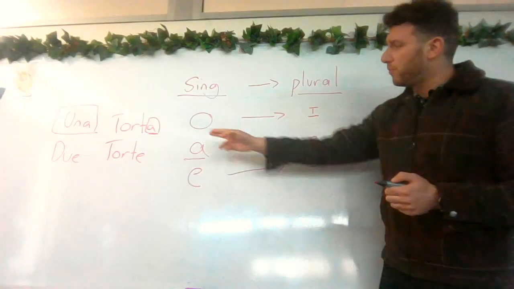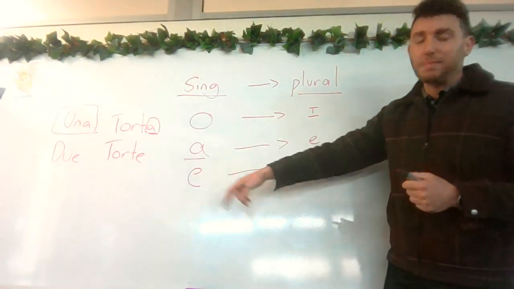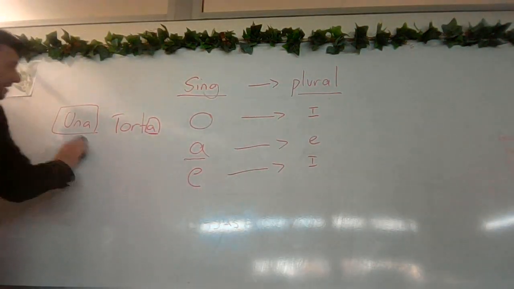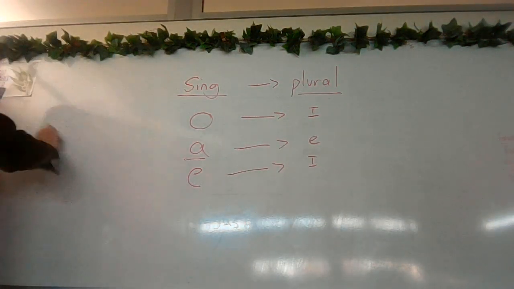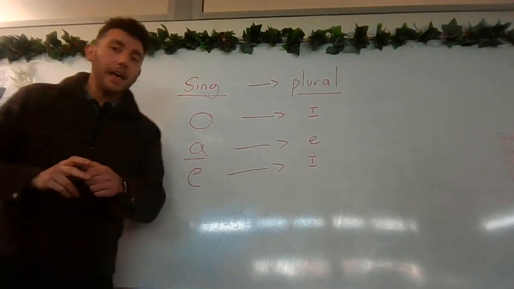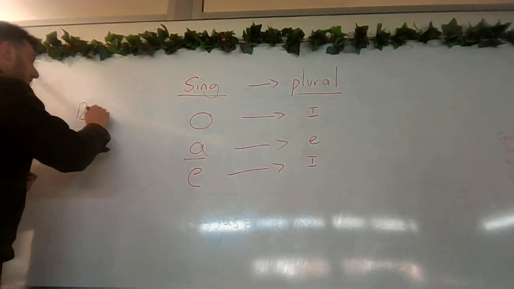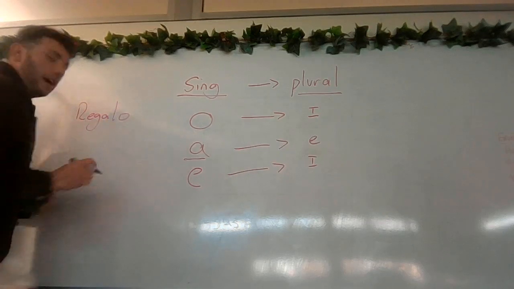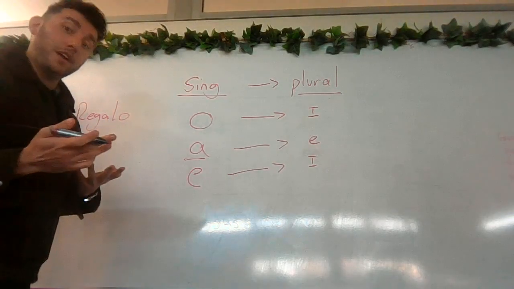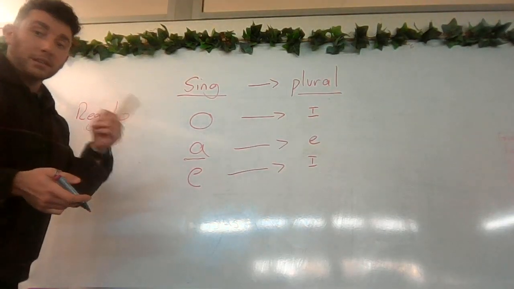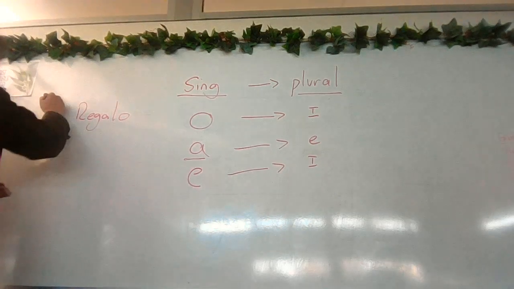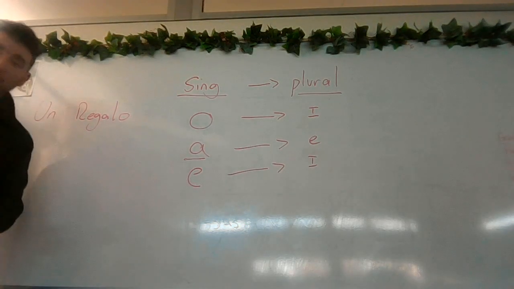We'll do an example for O and we'll do an example for E before I hightail it out of here. So a noun that ends in O, something that we need for a party. Let's say we want to bring a present to the party. The word for present is regalo. Now, again, you need the indefinite article in front of it to say one regalo. That would be un in this case. Un regalo.